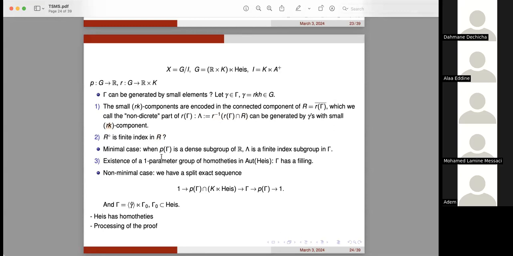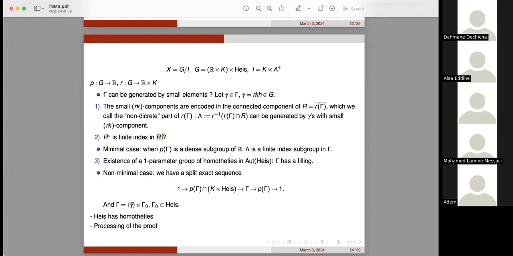And this happens exactly when gamma has dense projection to R. When gamma has dense projection to R, this set has finitely many connected components, and I can find a finite index subgroup in gamma which is generated by elements which have small RK component. The other case is when the projection of gamma to R is discrete. In this case, R has infinitely many connected components.